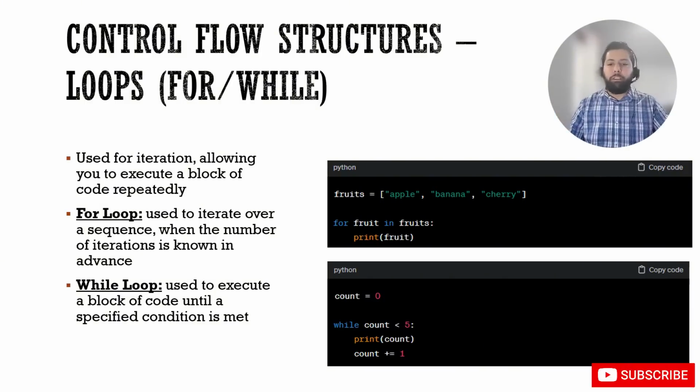Okay, whereas here in this while loop example, we're setting a count equal to 0. That's just a way to initialize the counter of a while loop. And a while loop, again, executes code based on some condition until a condition is met or not met. So while the count is less than 5, you're going to print count. As long as that condition is met, it's going to keep printing.